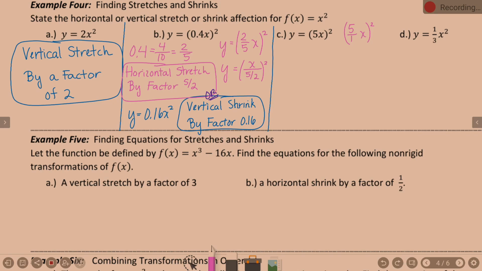I'm just taking you backwards from that. So this can be y equals x divided by 1/5, quantity squared. If it's x divided by a number within the squared, that's our horizontal. And this becomes a horizontal shrink by a factor of 1/5.